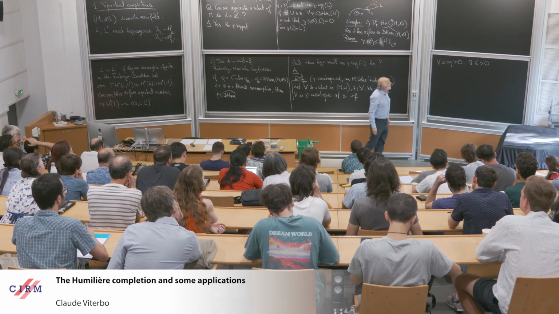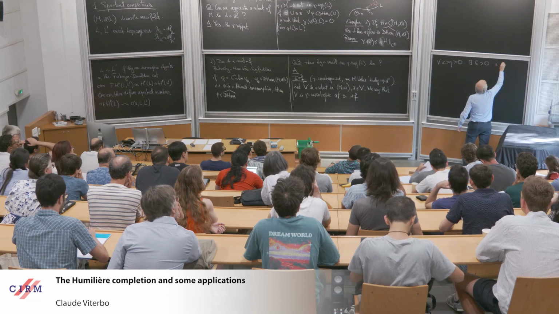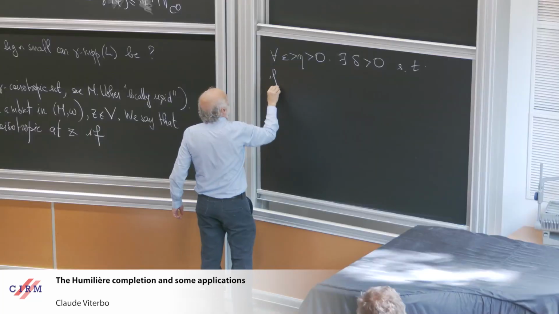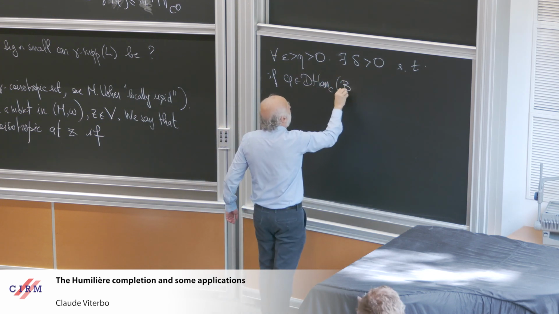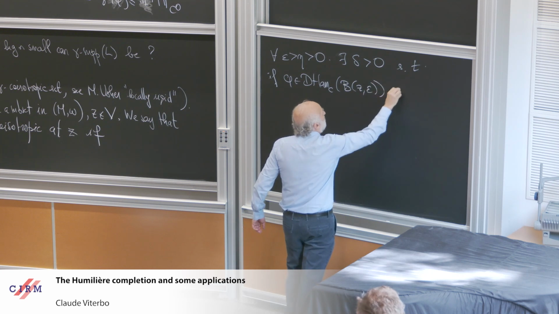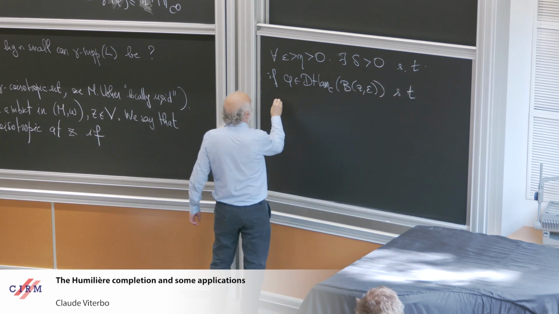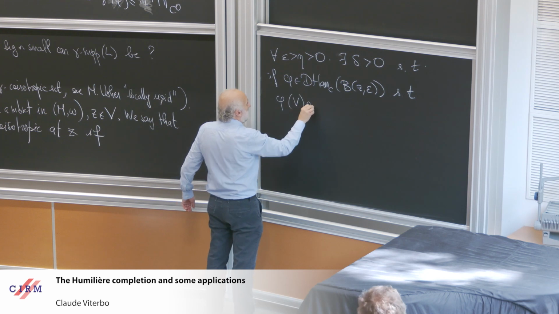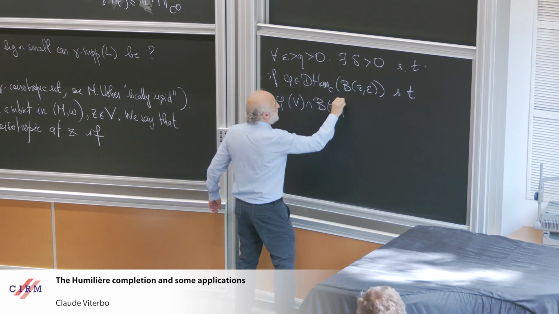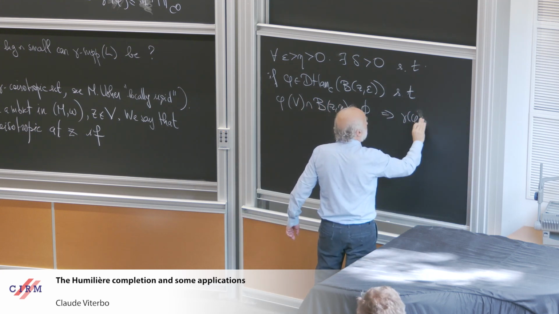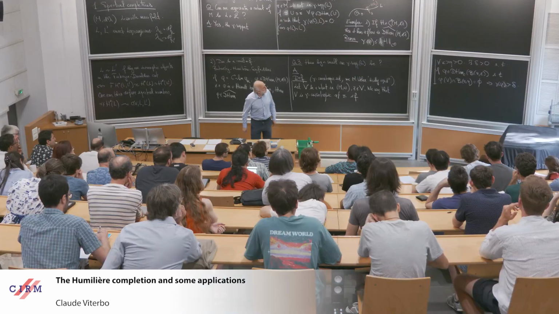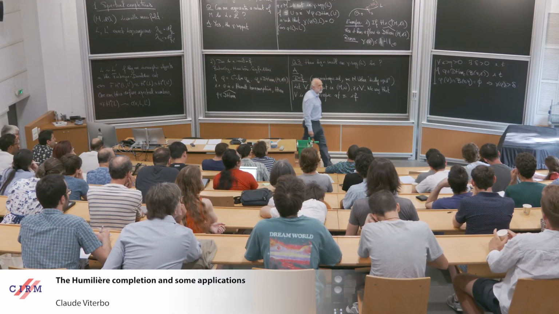And so there exists some delta strictly positive such that if I have some Hamiltonian map phi compactly supported in the ball of radius epsilon, and such that phi of V does not intersect the ball of radius eta, then gamma of phi should be strictly greater than delta. And I hope this coincides with what I just said.